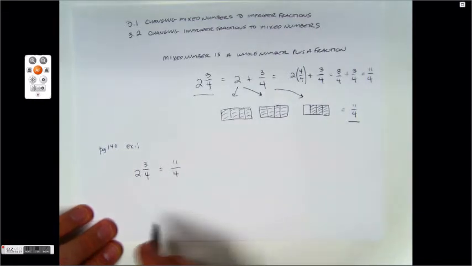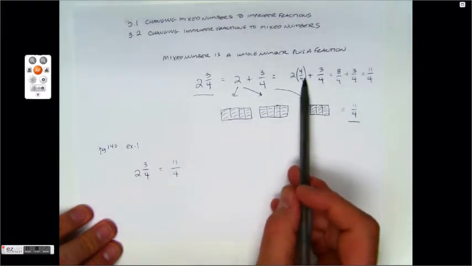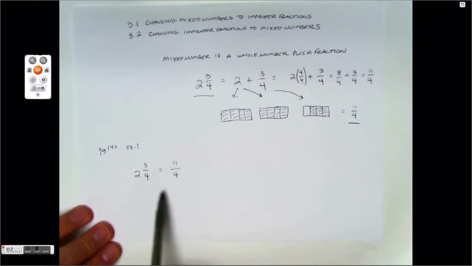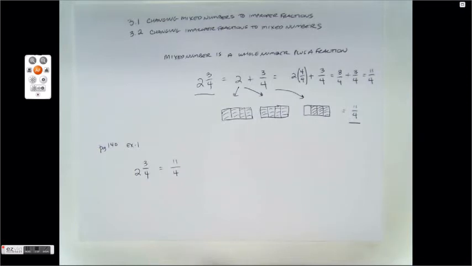So this is how you've done it in the past. Multiply and add. Well, if you notice over here, that's technically what we did here. We took the 4/4 and we multiplied because we had 2 cut into 4, so that left us with 8/4, and then we add the 3/4 in. So that's what's happening. Procedurally, you've done this before. Now we're just showing where it comes from.